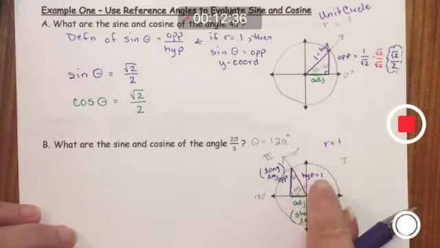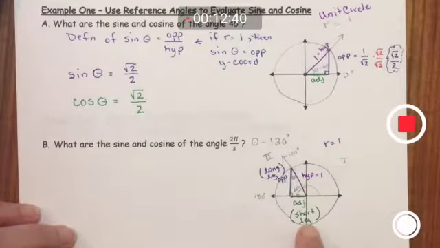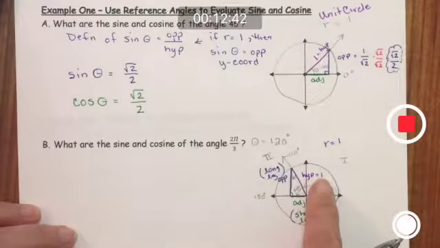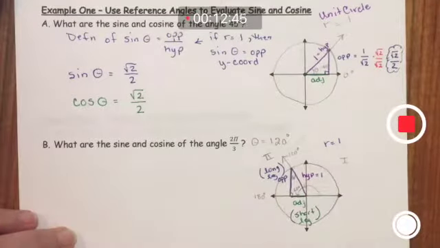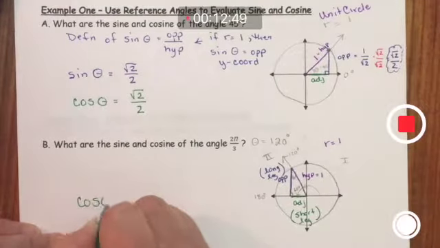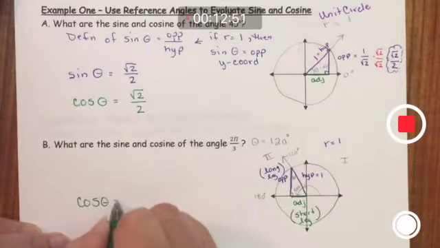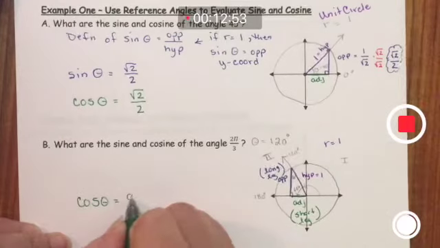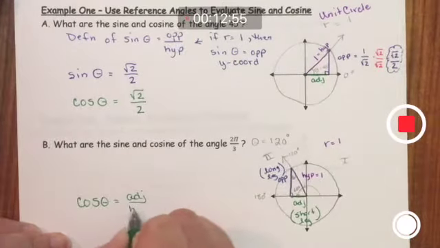So again, I know the hypotenuse is 1, and I know the short leg is exactly half of the hypotenuse. So my short leg, which is the adjacent, which we've now said is going to be the cosine, is the same as the adjacent over the hypotenuse.